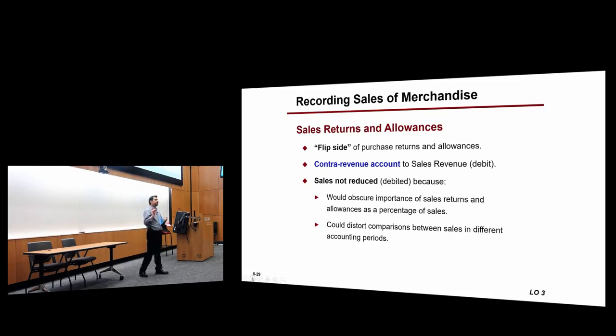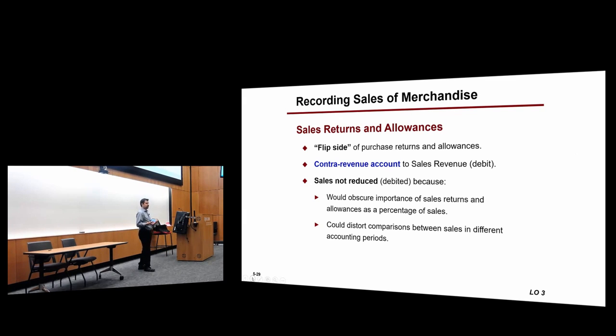Companies don't want to mess up the sales revenue. They want to know exactly how much sales they made, and they also want to know how much returns they had. Why? If you had a high level of returns, what does that mean? You either have a problem with sales, or maybe tech support, basically customer support, or it may be that you have an inferior product. Why are people returning your products? Then there's something wrong here.